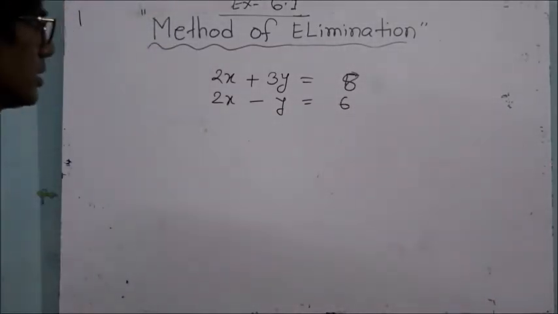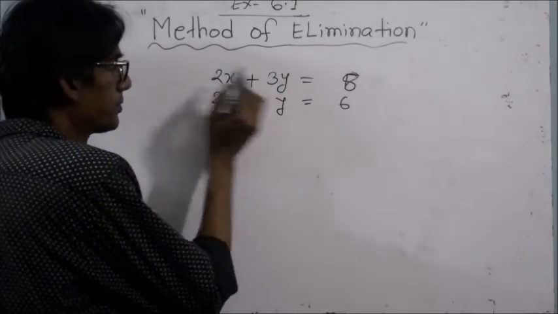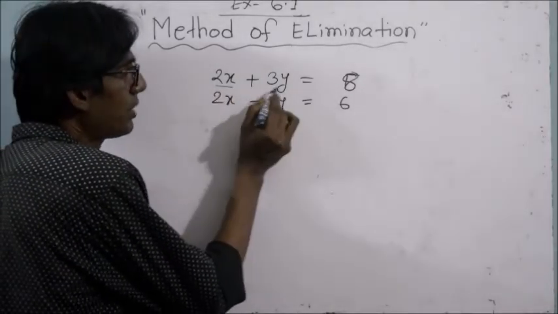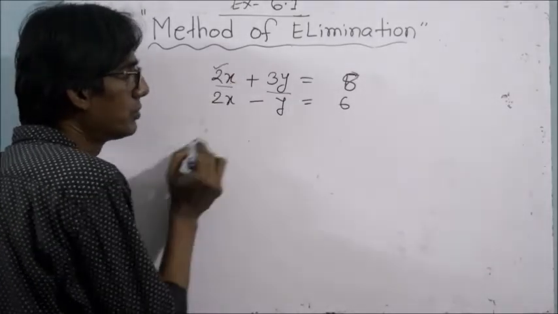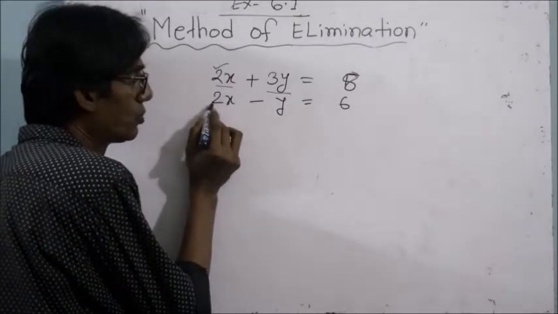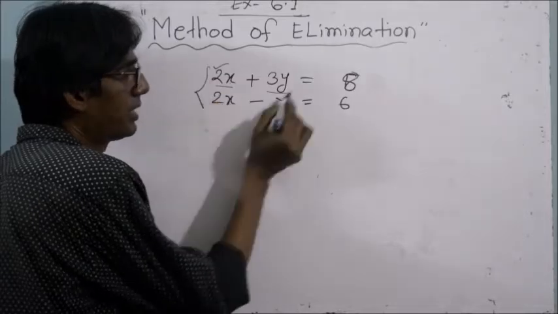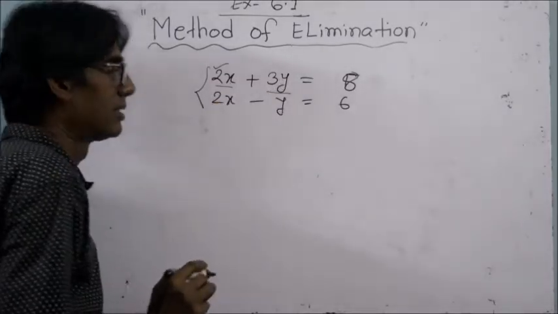Look at here. Here are the x variable and the y variable. The coefficient of x is 2 and the coefficient of x is 2. Same coefficients. But here they are not the same coefficients.